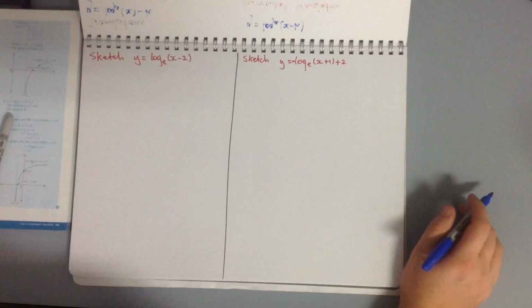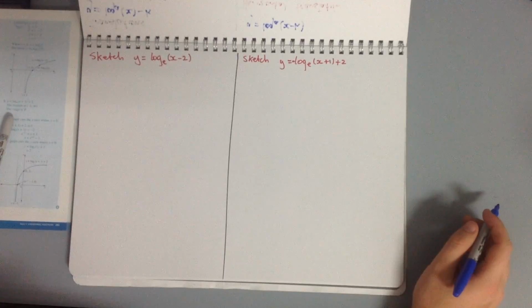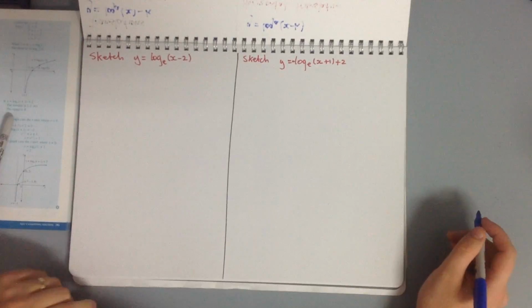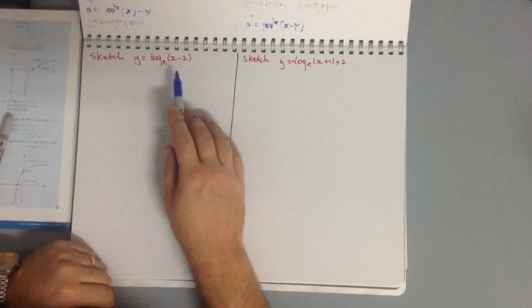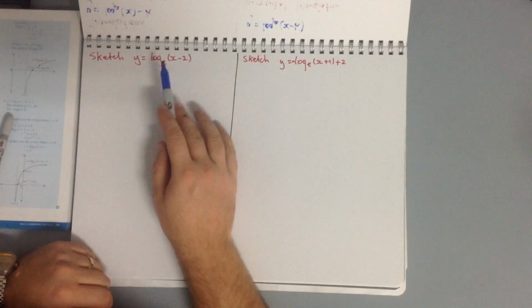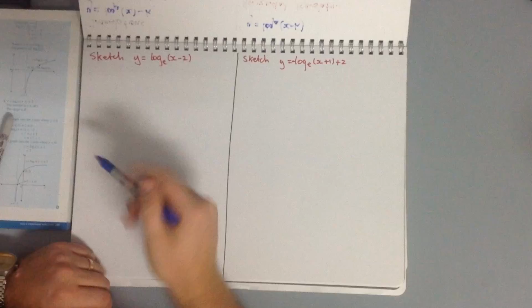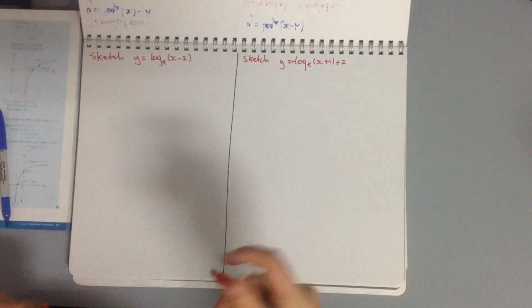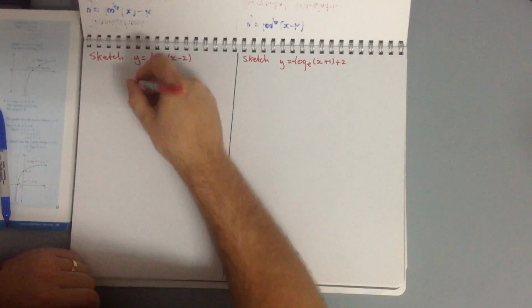So we've got sketch y equals log to the base e of x minus 2. So x minus 2 is the only transformation that we have here. And it's negative, so we're going to move it to the right. So we can basically get going from the word go here.